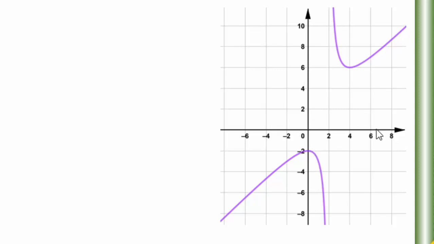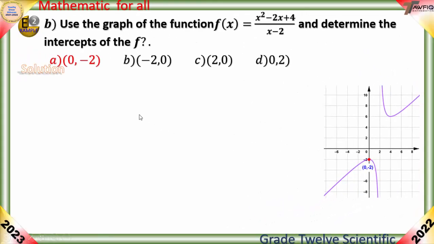But this part intersects the y-axis at (0, minus 2). This is x is 0, and y is minus 2. That means A is the correct answer. A, (0, minus 2), is the intercept of this function with the y-axis, or vertical intercept.